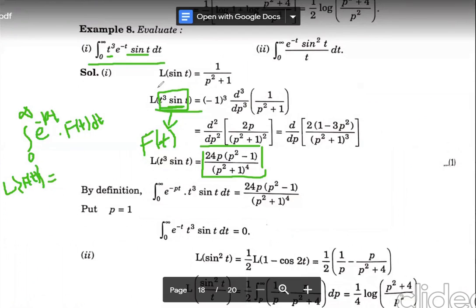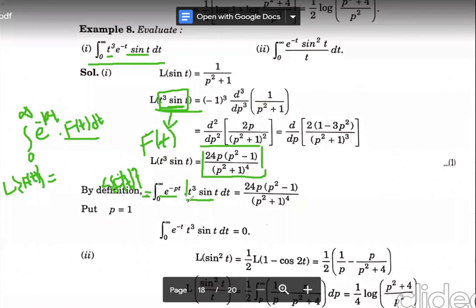So see here, t cube sine t. So e to the power minus pt into f of t dt, where f of t is t cube sine t. This whole part is nothing but the Laplace transform of f of t, if you use the formula e to the power minus pt into f of t dt.